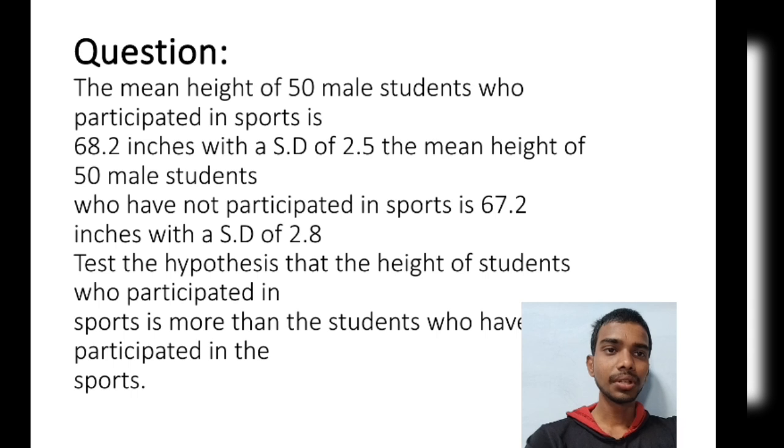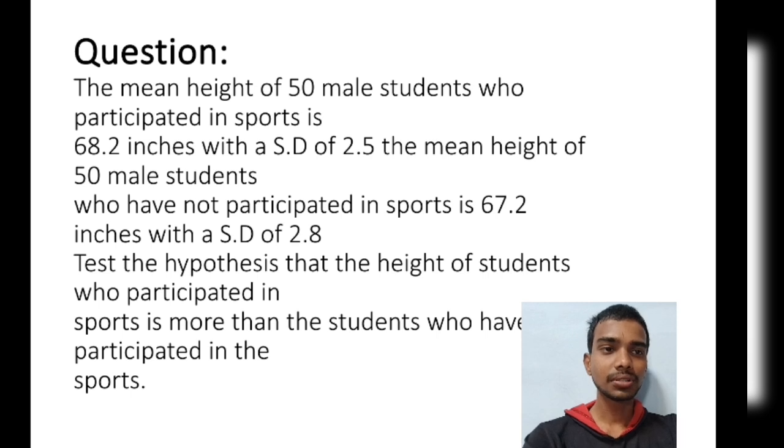Question: The mean height of 50 male students who participate in sports is 68.2 inches with a standard deviation of 2.5. The mean height of 50 male students who have not participated in sports is 67.2 inches with a standard deviation of 2.8.